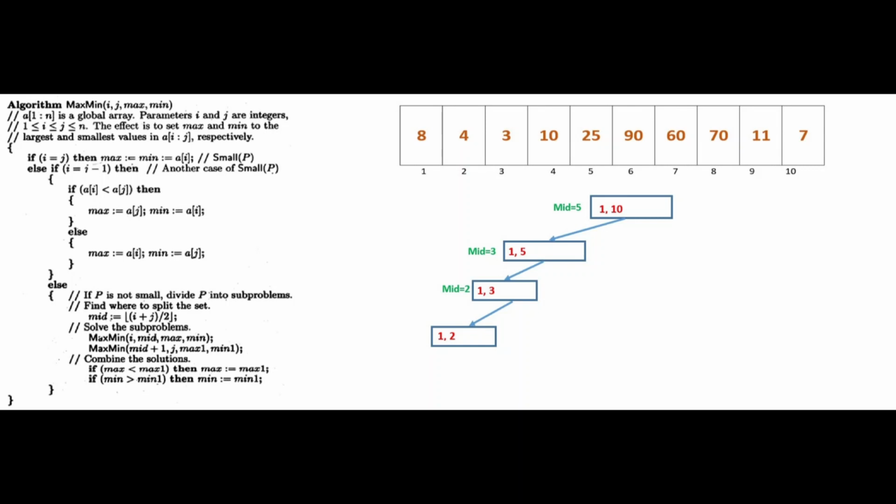Now we are in the beginning of this algorithm, this function, that is the fourth function, or third recursive call, with the values 1, 2. We know the values of I is equal to 1, j is equal to 2.